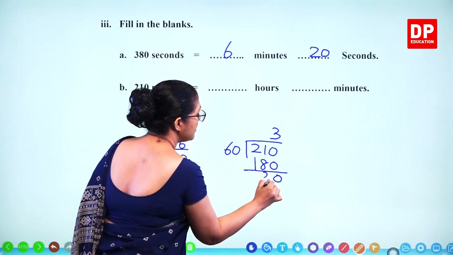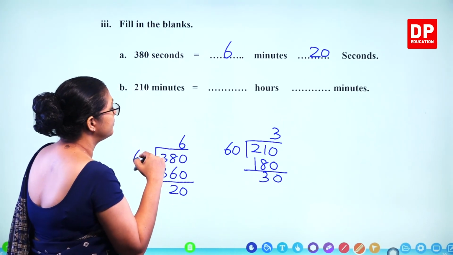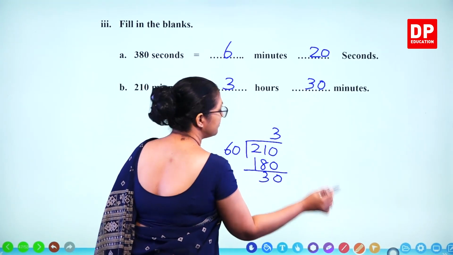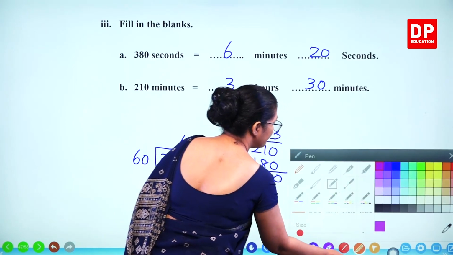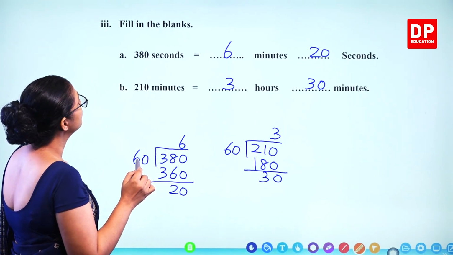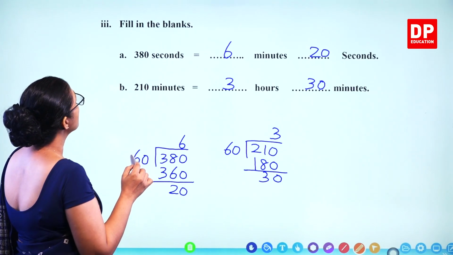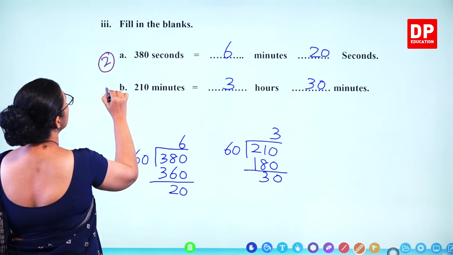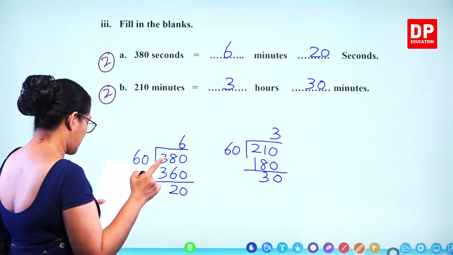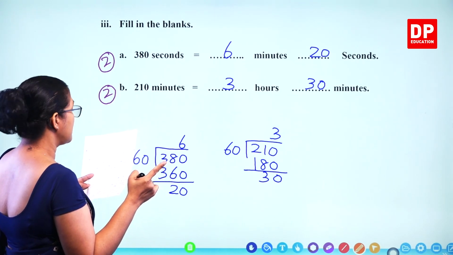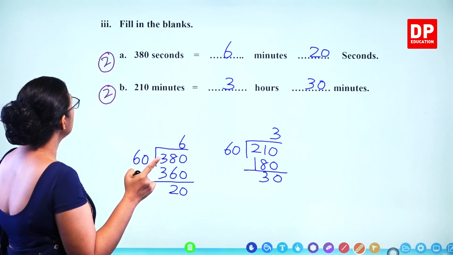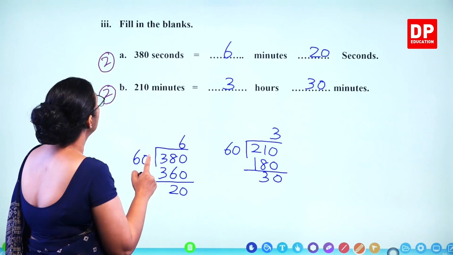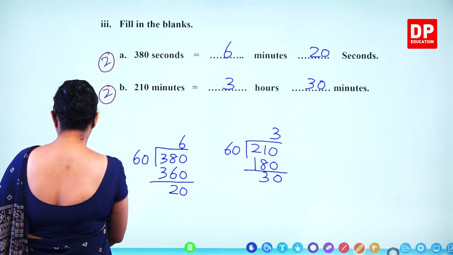You get 30. 3 hours and 30 minutes. You get 2 marks. 2 marks each. So we gave, how many marks we gave? 3 and 2, 5. 5 and 4, 9.